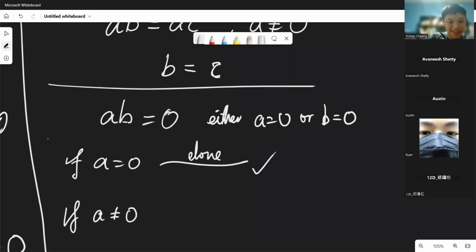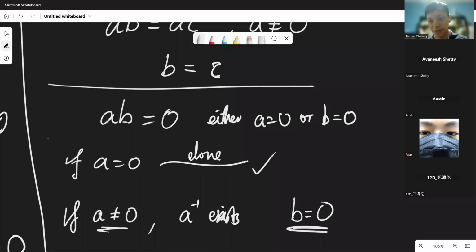If A is not 0, then it has a multiplicative inverse. It exists. So multiply both sides by A to the minus 1. So I get B equals 0 times A to the minus 1. And that's 0, because we already said everything times 0 is 0. So if A is not 0, B is forced to be 0, and hence either A is 0 or B is 0, or both, which is also fine.